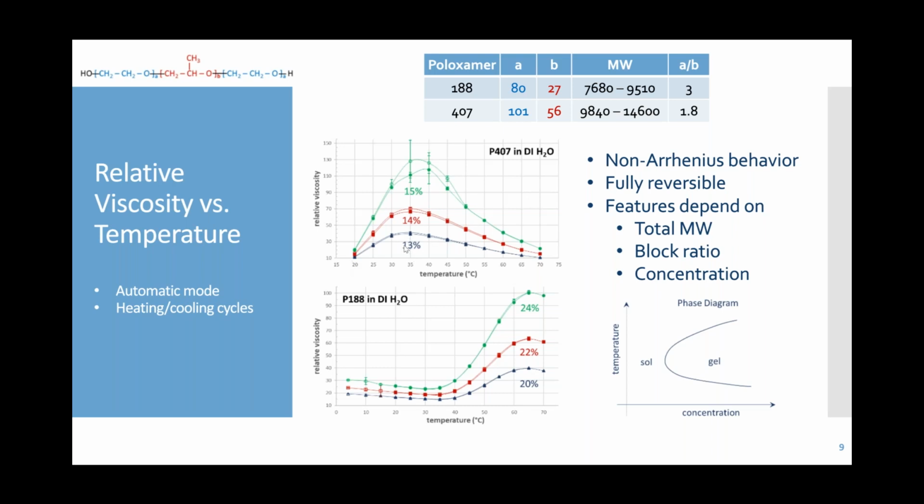Not unexpected, we see that as we increase the concentration of our polymer, we see an increase in the relative viscosity. And this is true for both types of poloxamer systems, the full reversibility and the increase in viscosity as we increase concentration.